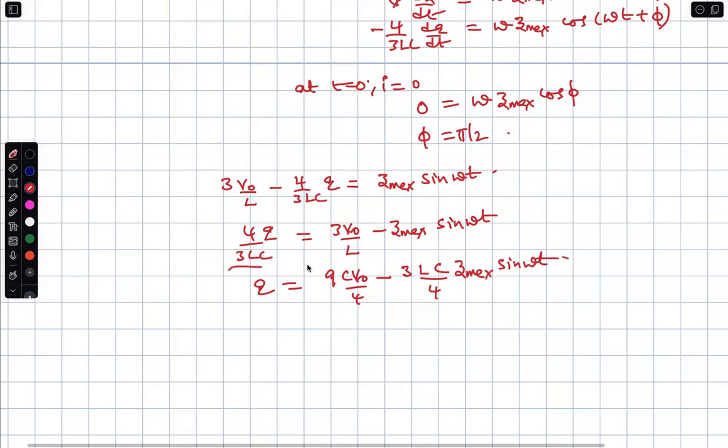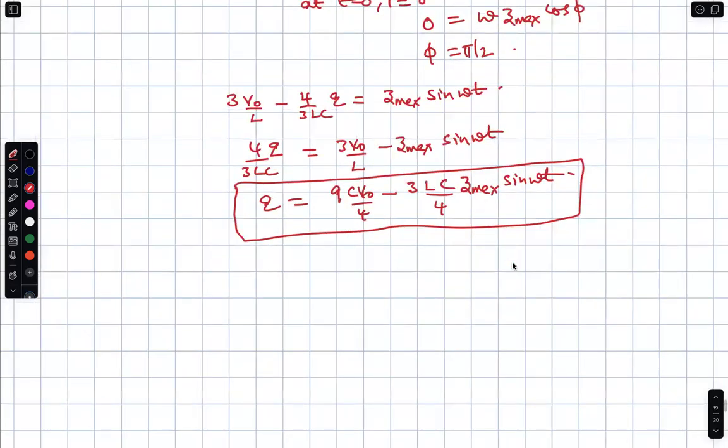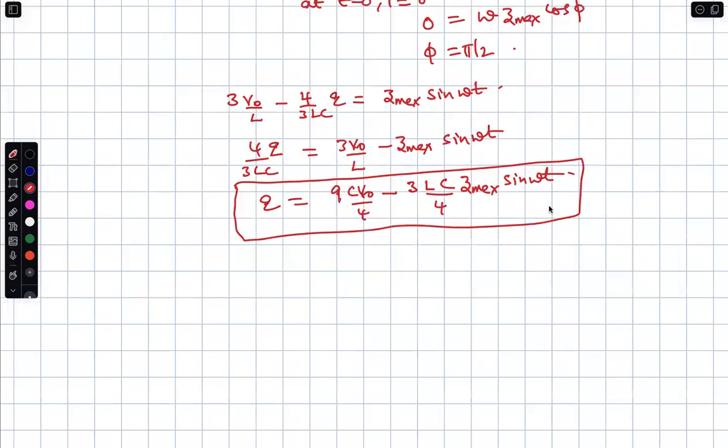This is the expression for Q. This is the charge transferred actually.